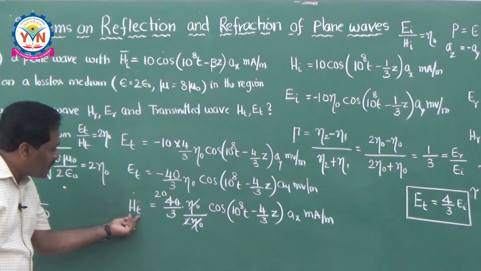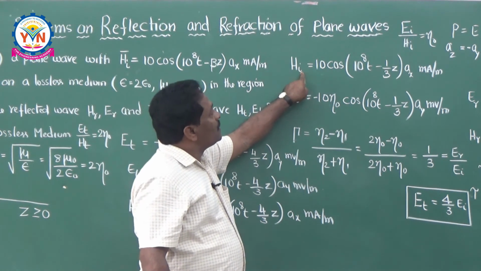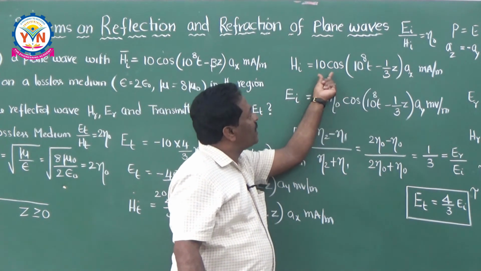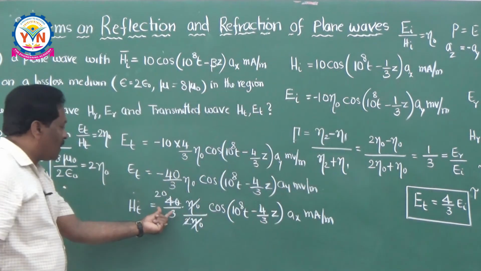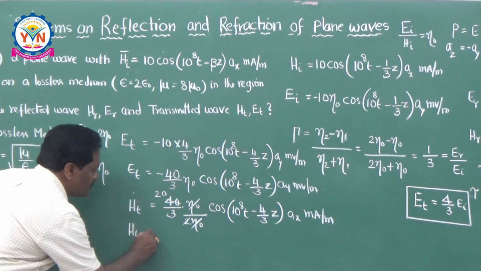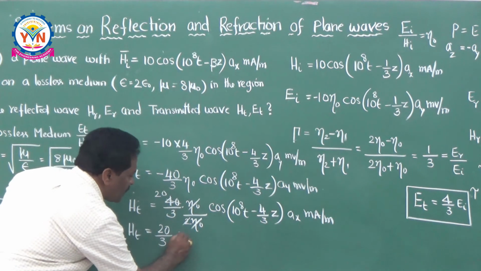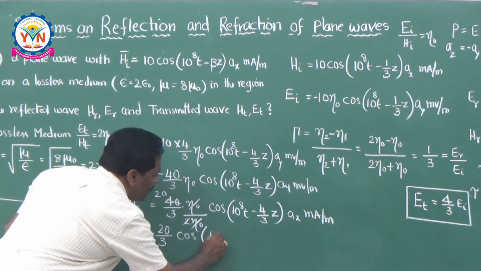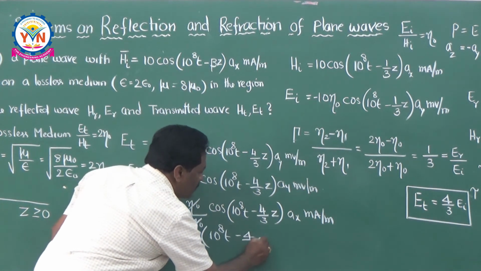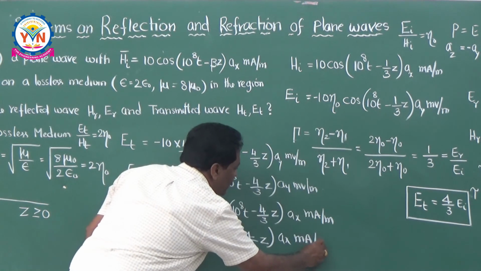And the direction of HT is positive, because HI is equal to 10 cos of 10 to the power of 8 t minus 1/3 z into AX, in the same direction. That's why it is positive. Therefore, finally, HT is equal to 20/3 cos of 10 to the power of 8 t minus 4/3 into z AX milliamperes per meter.